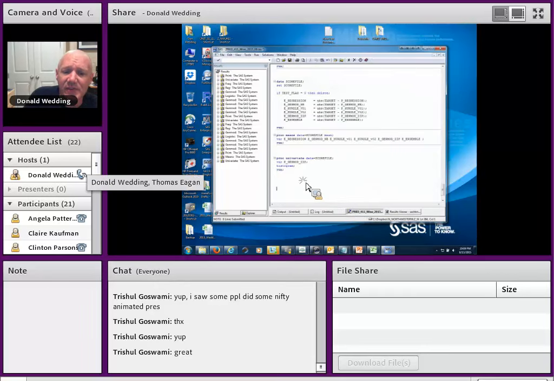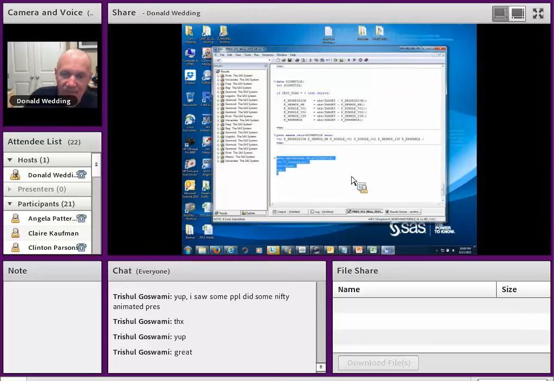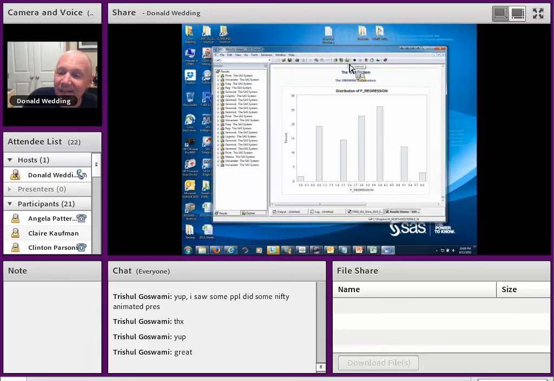Let's do something different. Let me run a proc regression instead. Yeah. See there, that's probably more what you got, right? That is correct. Okay. This does not necessarily mean you're wrong.